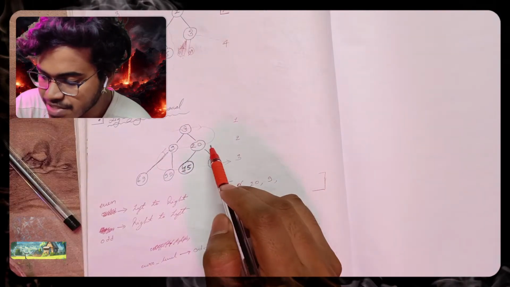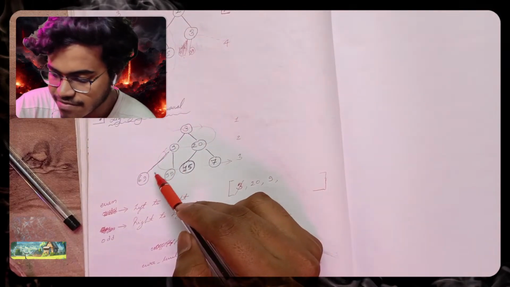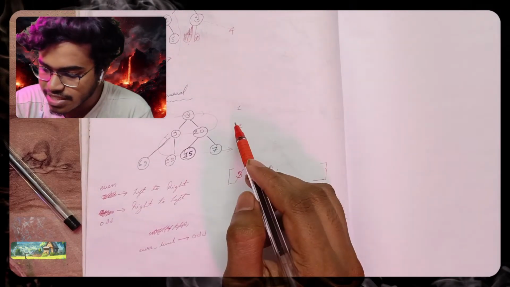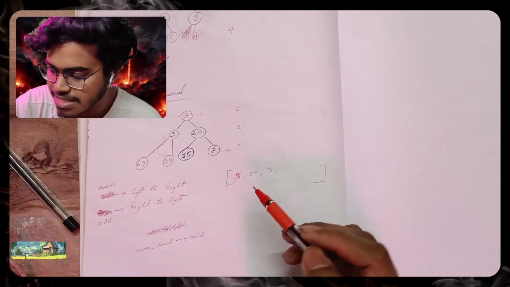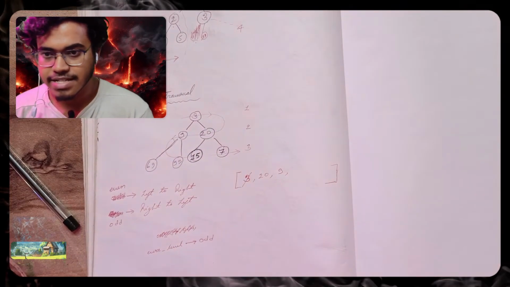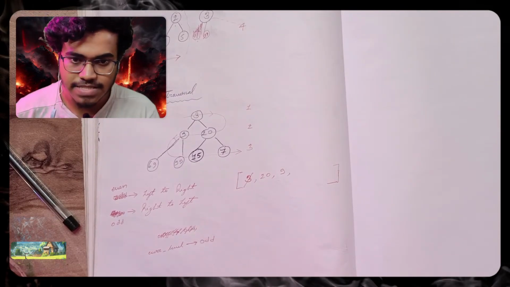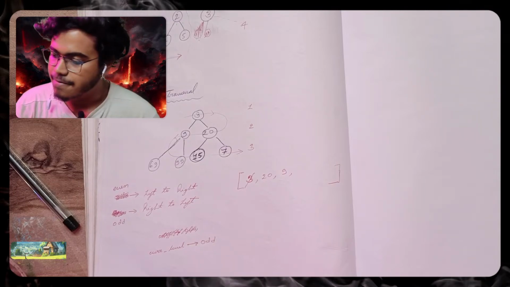When the level is 2, we are going from right to left. When the level is 3, we are going from left to right once again. So you can see the pattern: when the level is even, we go from right to left, and when the level is odd, we go from left to right. This is roughly the idea behind the problem.